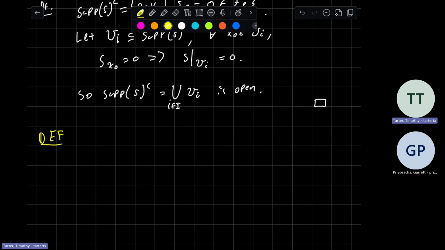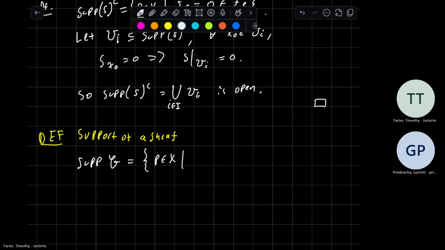Now we're going to define the support of a sheaf. The support of G is the set of all p in X such that the stalk is non-trivial, such that it doesn't all evaluate to one thing.